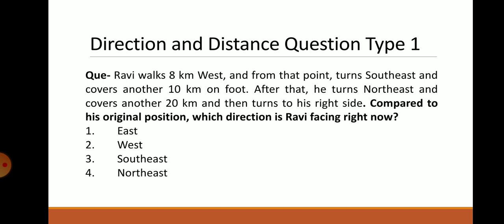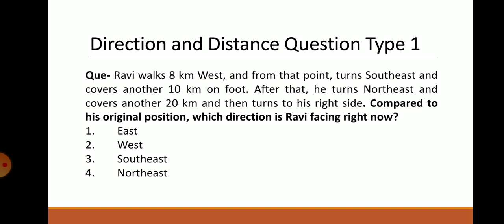Ravi walks 8 km west. From that point he turns southeast and covers another 10 km on foot. After that he turns northeast and covers another 20 km and then turns to his right side. Compared to his original position, which direction is Ravi facing right now?